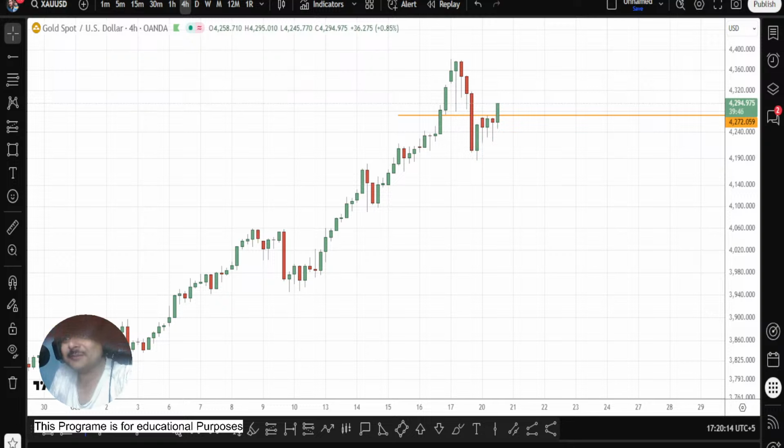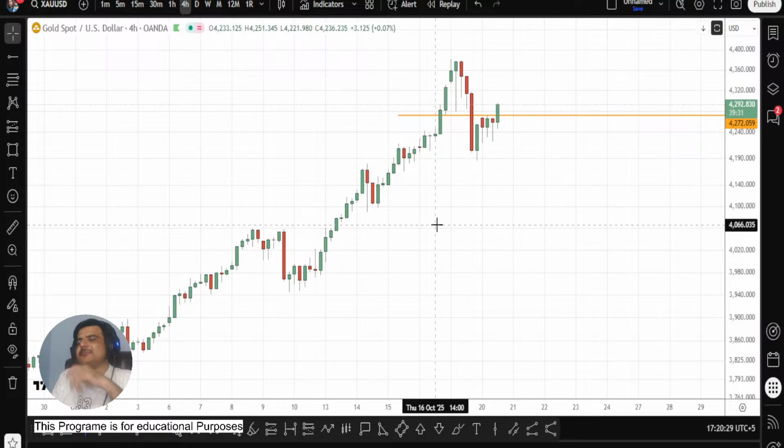It's giving me problems. Anyways, it's fine. So as expected, what this instrument is doing at the moment is trading at 42.92.